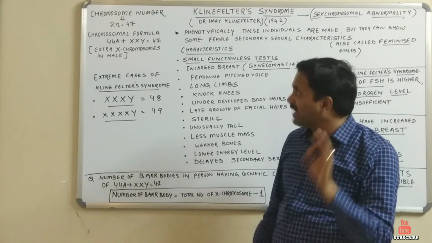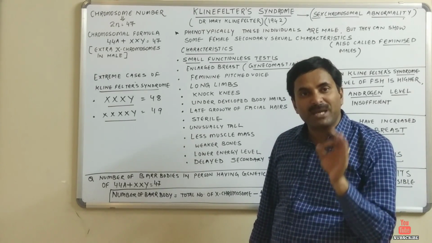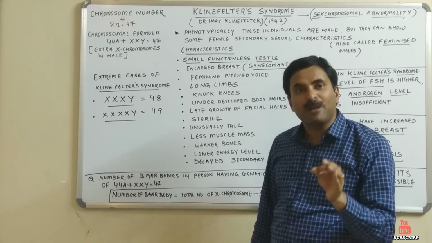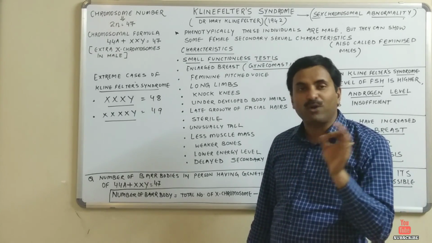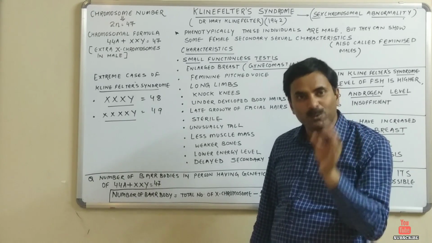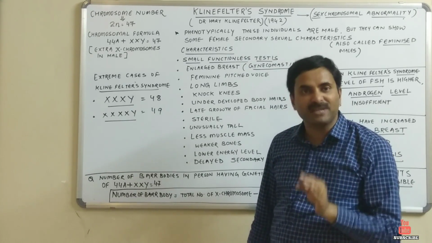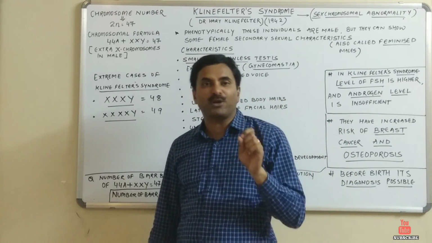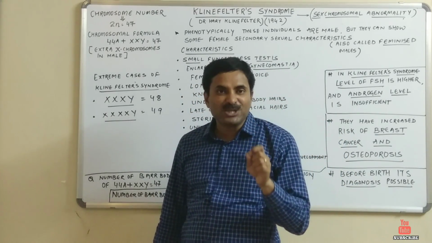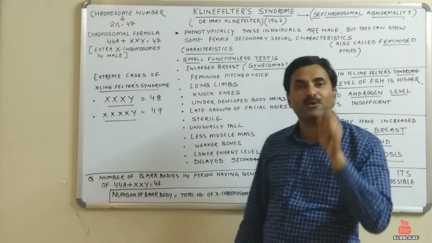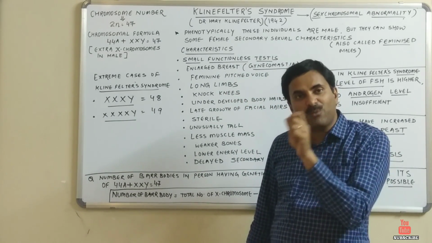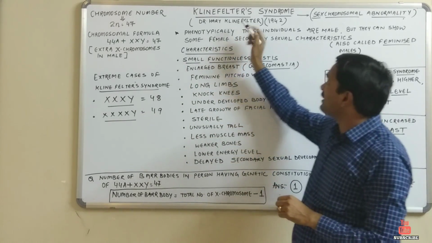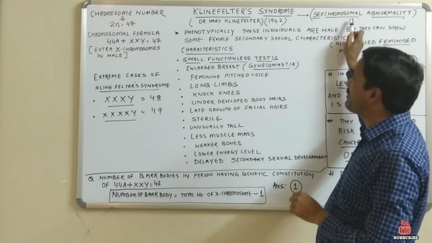As we know very well, a normal male has the genetic constitution 44A plus XY. 44A means 44 autosomes, and XY are the sex chromosomes. Like this, a normal male has 46 chromosomes, with a genetic constitution of 44 autosomes and X and Y, which are known as the sex chromosomes. But Klinefelter syndrome is a sex chromosomal abnormality.